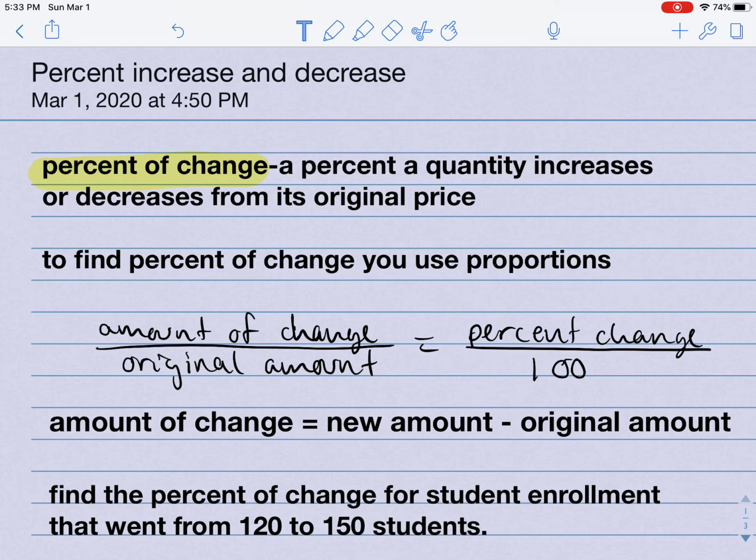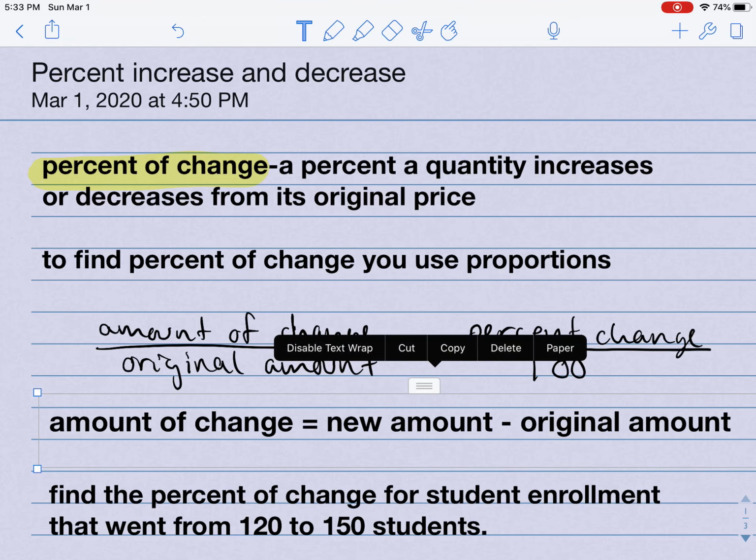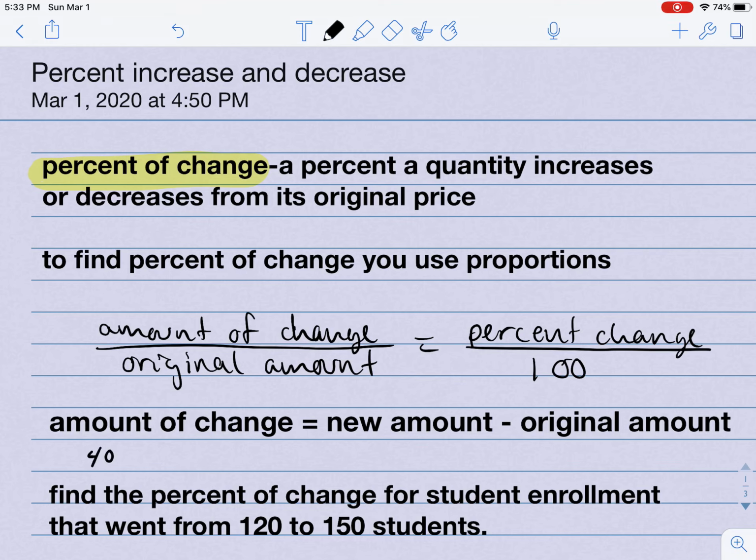Okay, so just quick how this works. Let's say we've got something that was $40 and it goes to $65. To find our amount of change, we're going to take 65 minus 40 over 40.